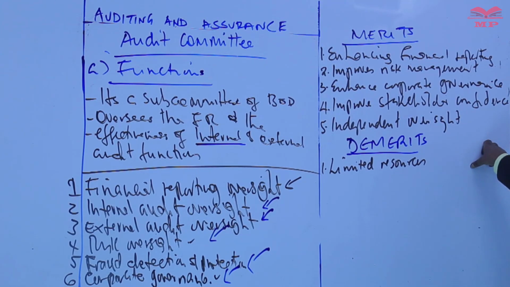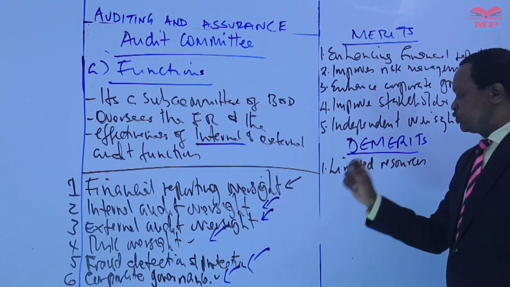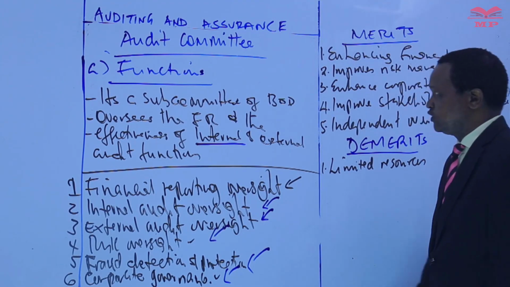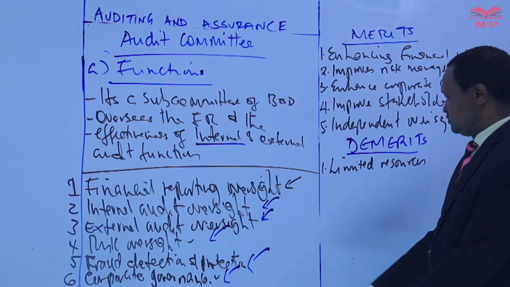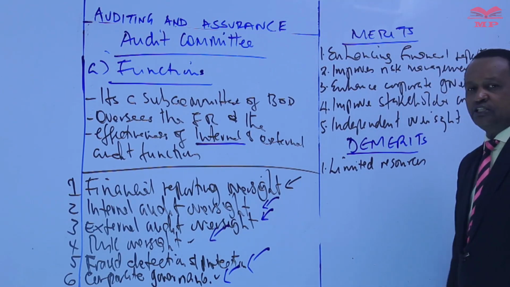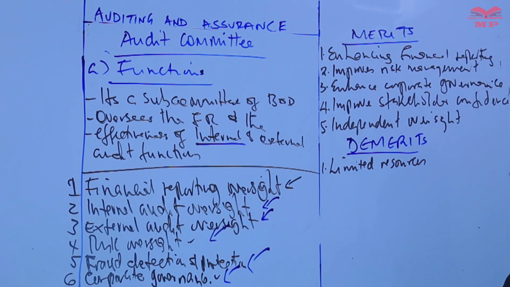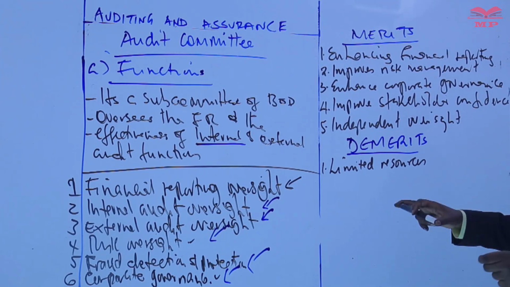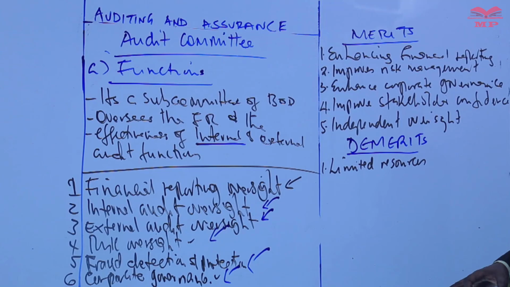Getting such individuals is not easy. It is a limited resource, that human resource. The individuals who can sit on the audit committee are not easy to come by. And that is a demerit. So limited resources and expertise can constrain the effectiveness of the audit committee.